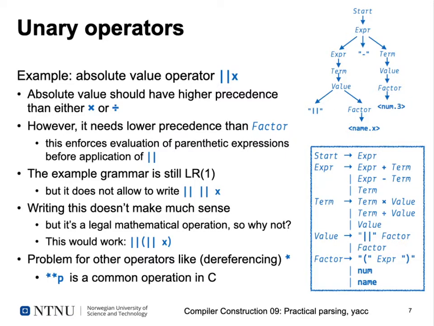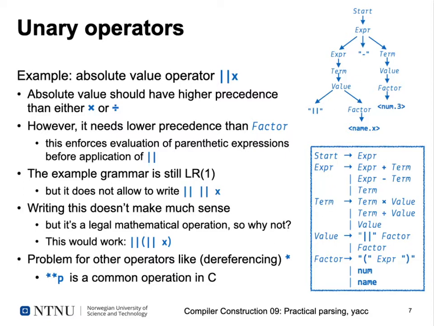Now, of course, writing this doesn't make too much sense. The absolute value of the absolute value is an idempotent operation, so it still returns the absolute value. But of course, it's a legal mathematical operation, so why should we restrict our programmer in writing code? Maybe it's part of a more complex expression or something like this, or even a macro expansion.